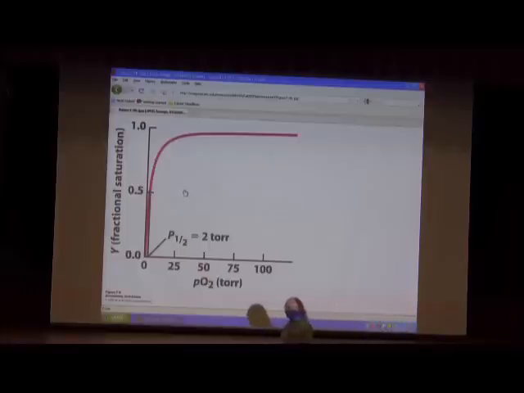Under most conditions in the muscle, the oxygen concentration is over here, and when it's over here, we see that myoglobin is pretty close to saturated with oxygen, meaning all the molecules are holding on to oxygen. Only when you're really exerting and your oxygen concentration in your muscles gets very low does it fall to this level, and when it does, myoglobin starts letting go of its oxygen and giving it to the muscle cells that are starving for oxygen. That's very good. I like to compare it to the uninterruptible power source that you may have on your computer.